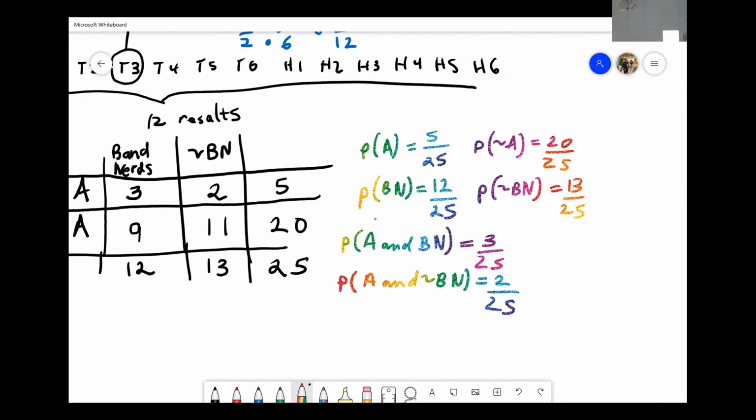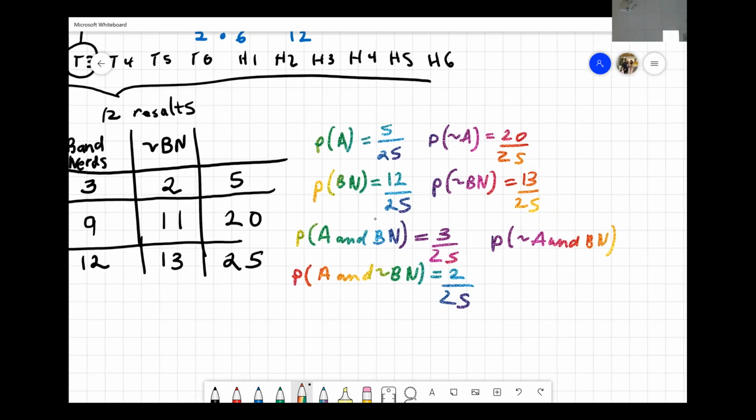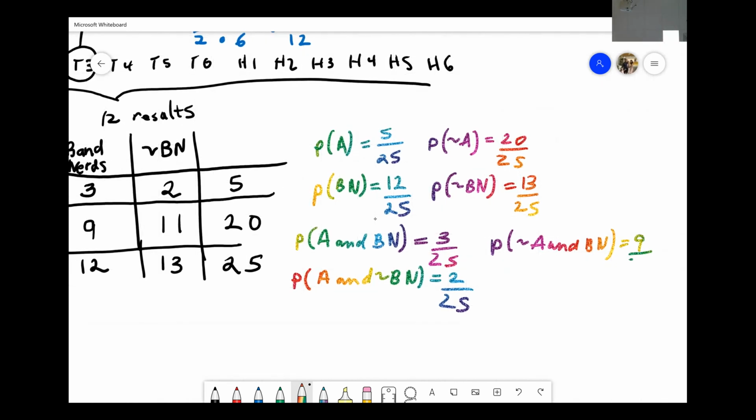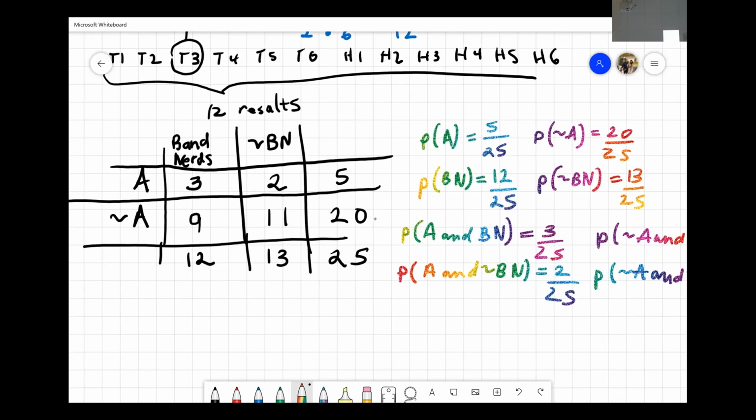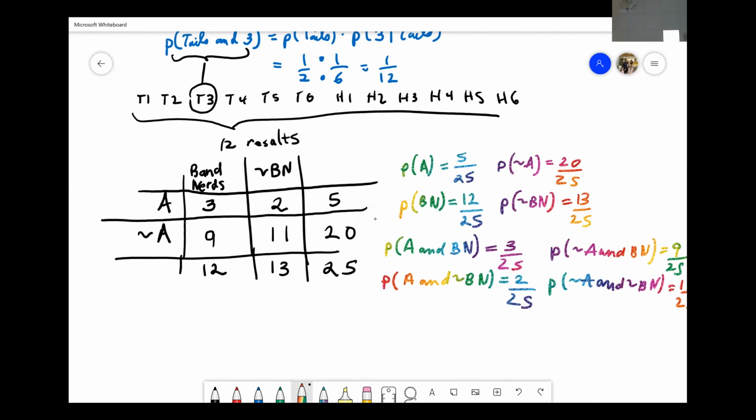So now what's the probability of not A and being a band nerd? 9 out of 25. And what's the probability of not getting an A and not being a band nerd? 7 out of 25. So far, so good. Pretty straightforward, right?